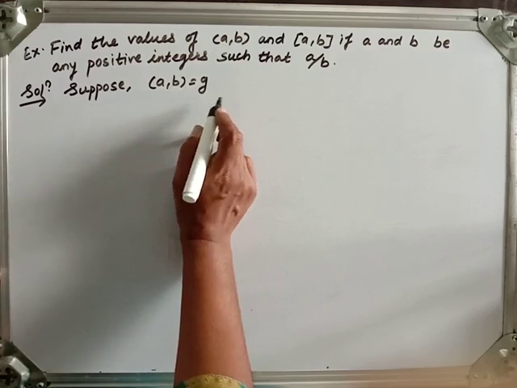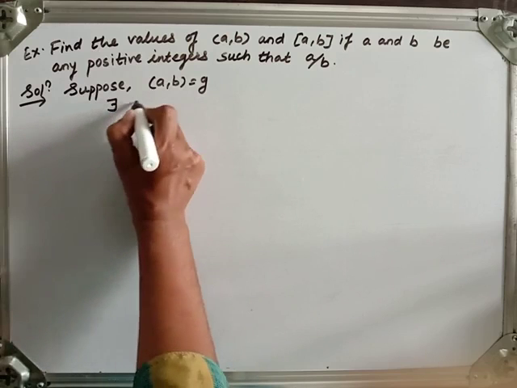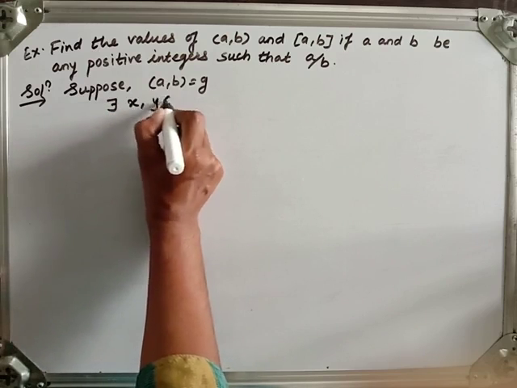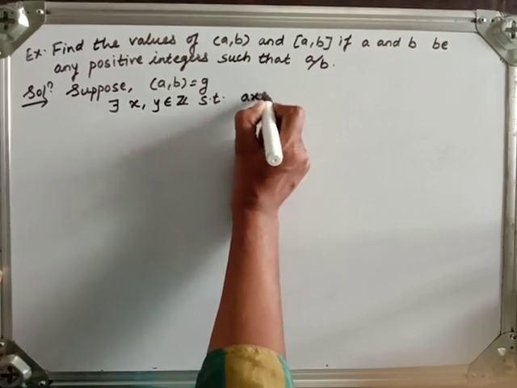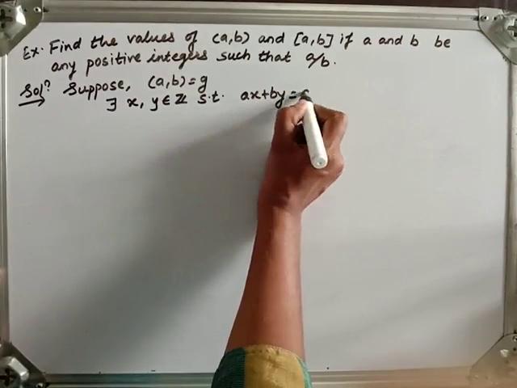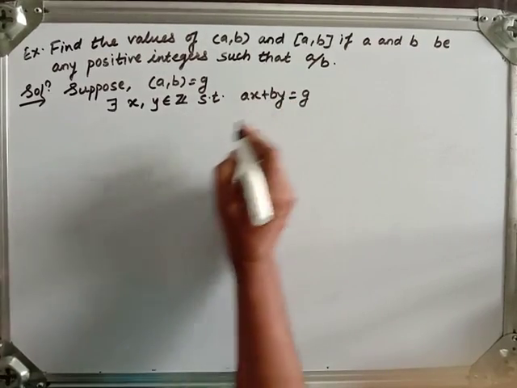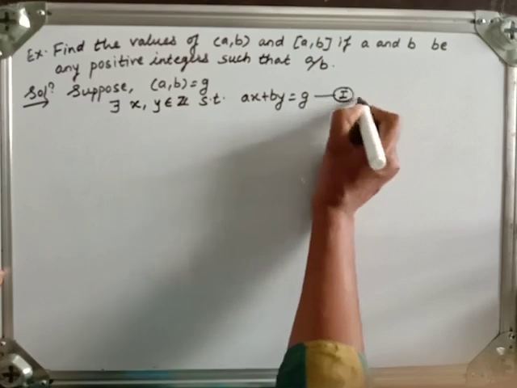If the GCD of A and B is G, therefore there exists some integers x, y such that A into x plus B into y is equal to G. Call it as equation number 1.